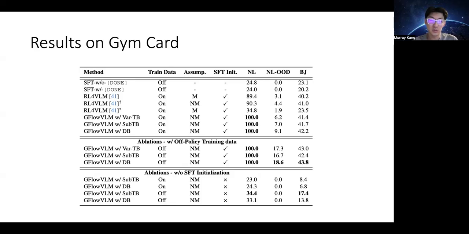And if we don't use the SFT initialization for the sub-TB and DB loss, then the performance drops a lot. That means our SFT initialization for the sub-TB and DB loss is very important.